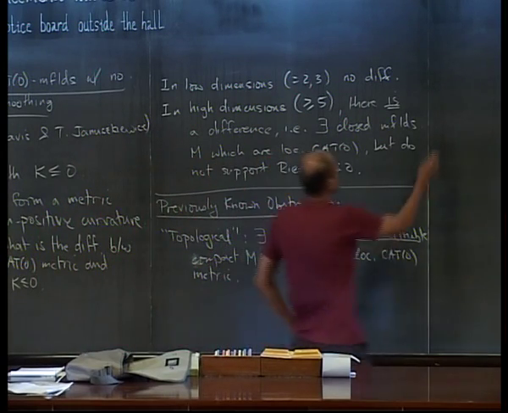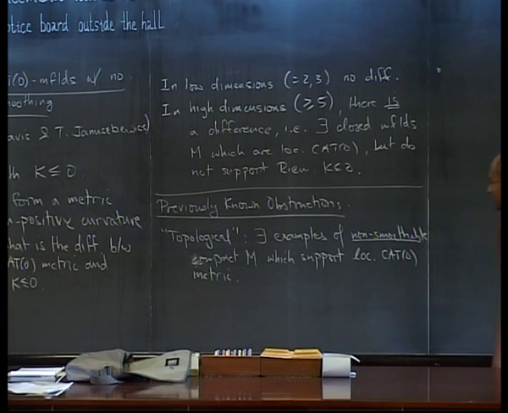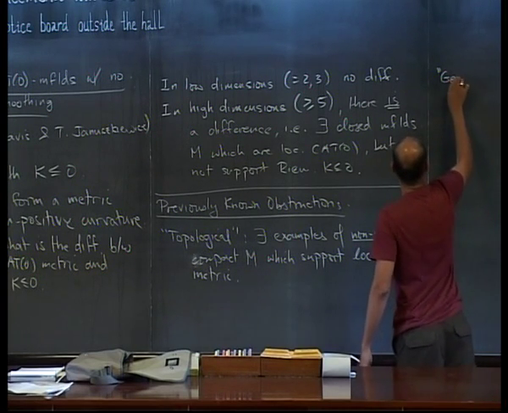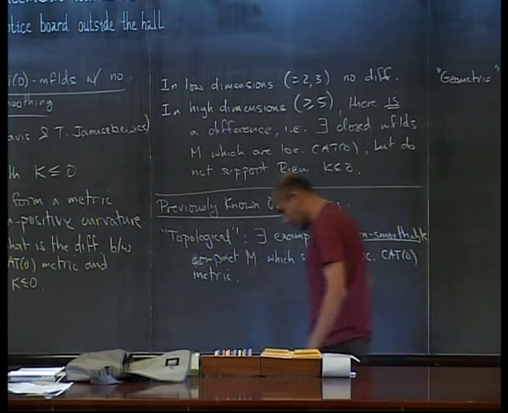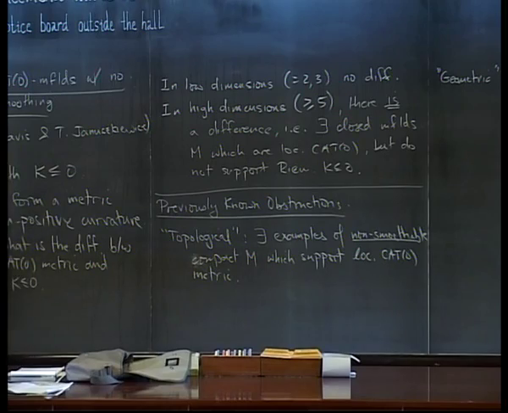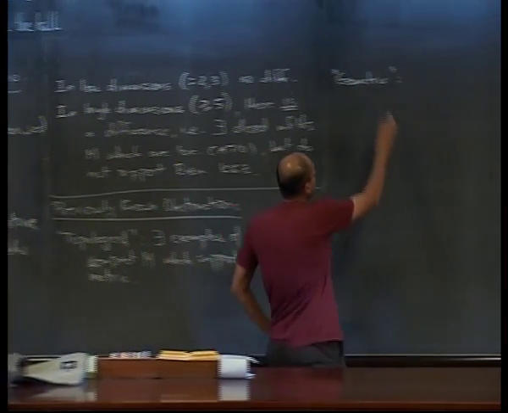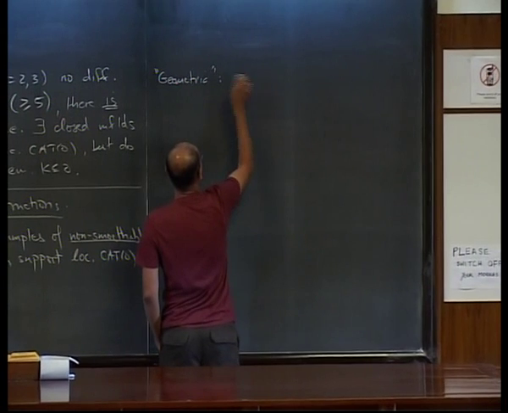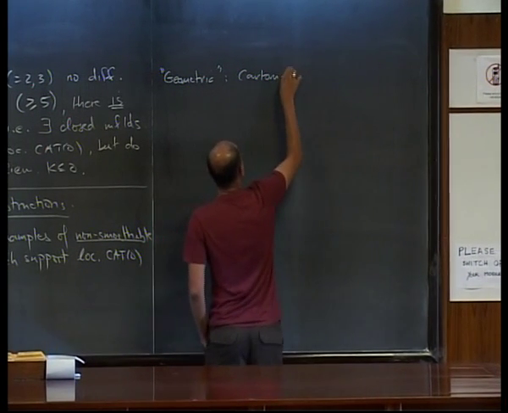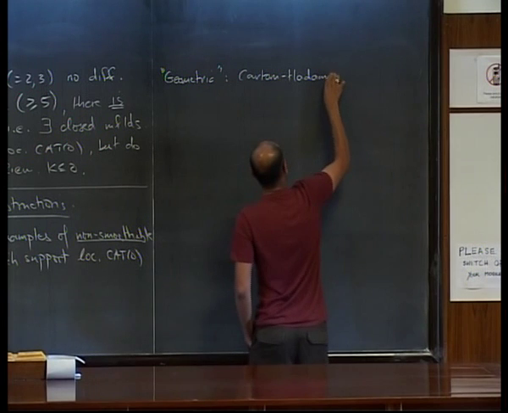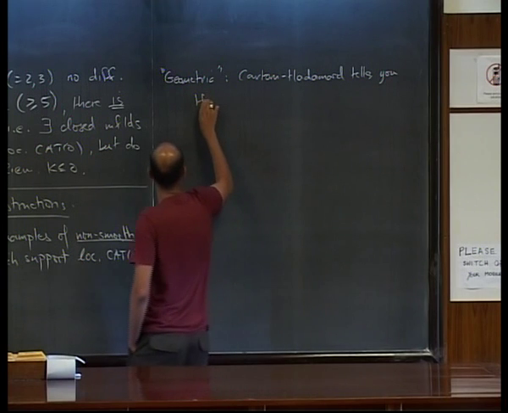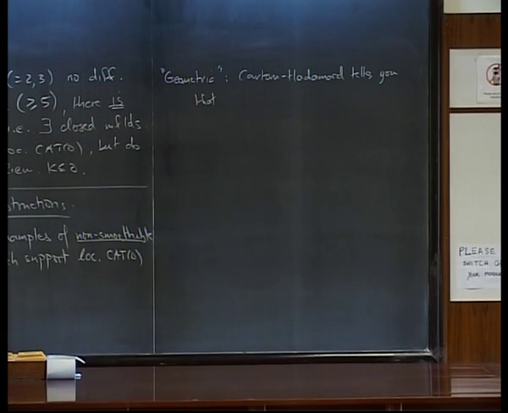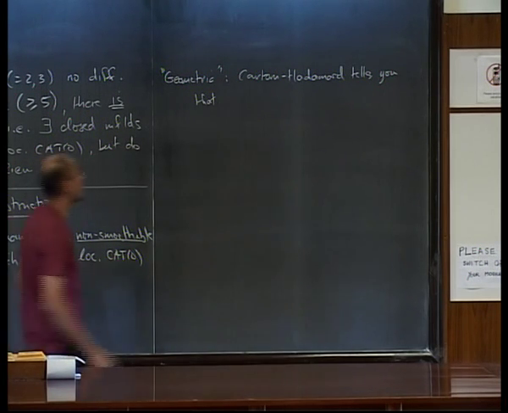At the other extreme, there is a different viewpoint, geometric obstructions. Let me give you a couple of examples. The basic version is the Cartan-Hadamard theorem, which tells you that if you have a Riemannian metric of non-positive curvature, then the universal cover must be homeomorphic to R^n, in fact diffeomorphic to R^n.